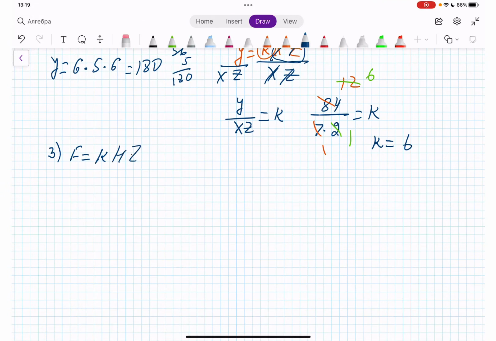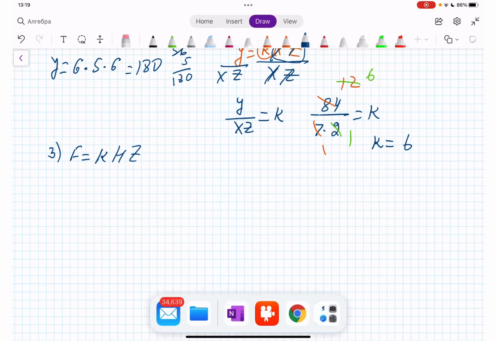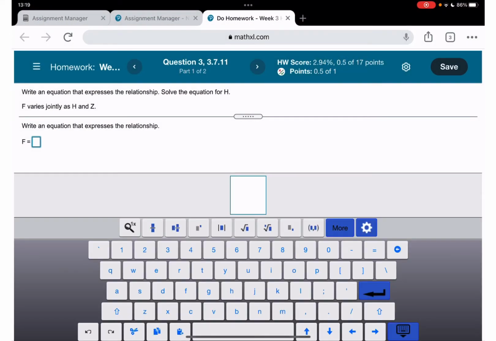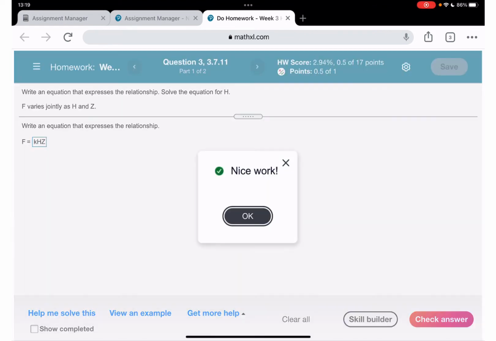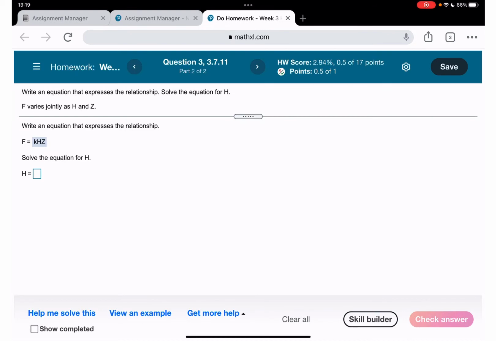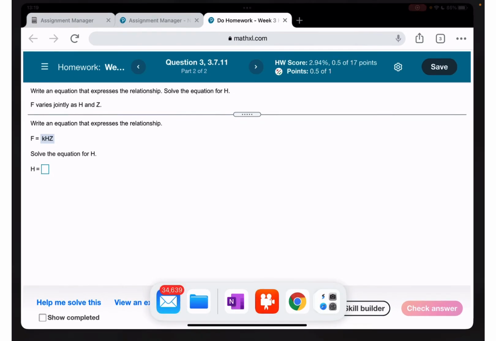H and Z. So we need to plug in this formula first. K, H, and Z. Nice work. Now we need to find H from here.